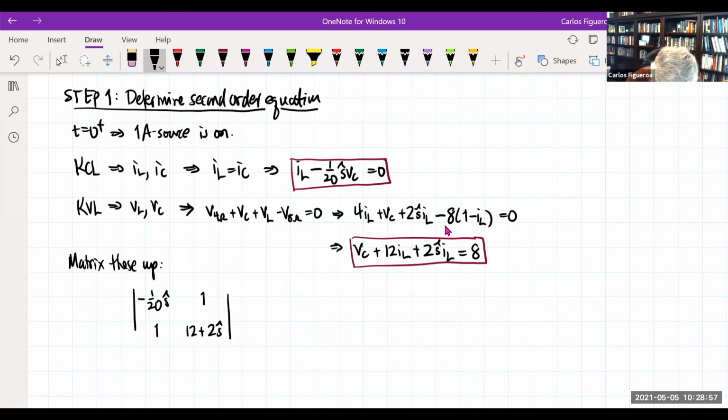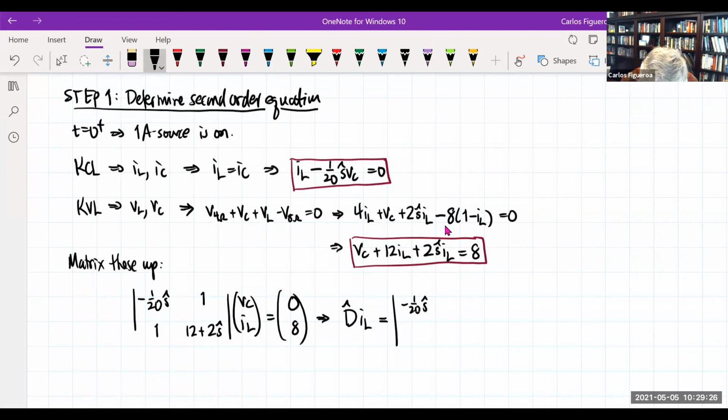Then I have VC, IL, and I set up my constants. My constant terms here are going to be 0 and 8. So I have my operator, and I'm looking at IL, so I take my constants and put them into the IL column. So I get minus 1/20 s hat, 1, and then 0, and then 8.